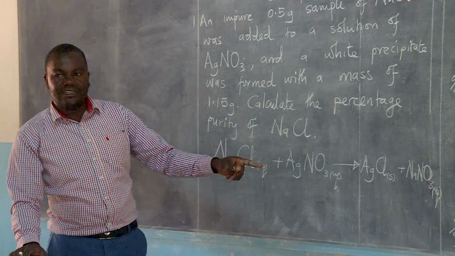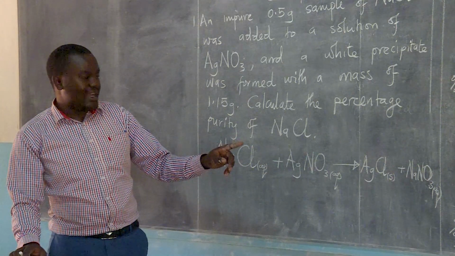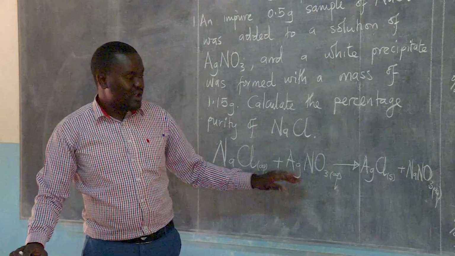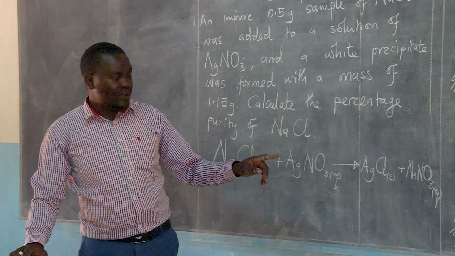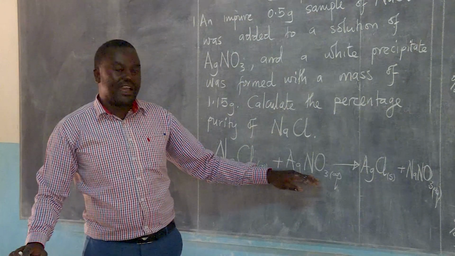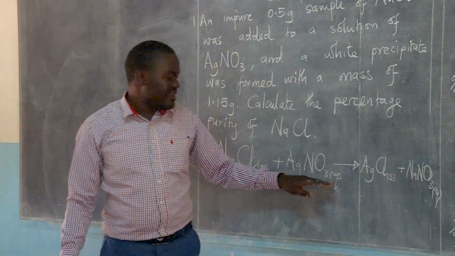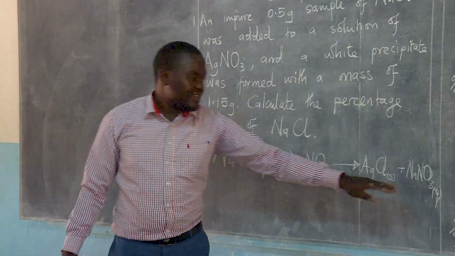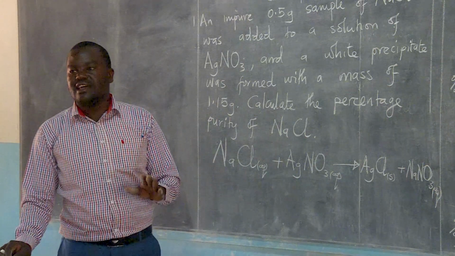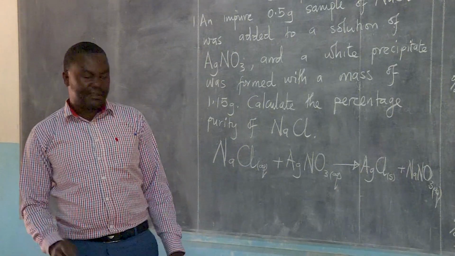On the right hand side? The chloride ions? The silver ions? The nitrate ions? The oxygen? Thank you. So from that we can tell that the equation is what? Balanced.